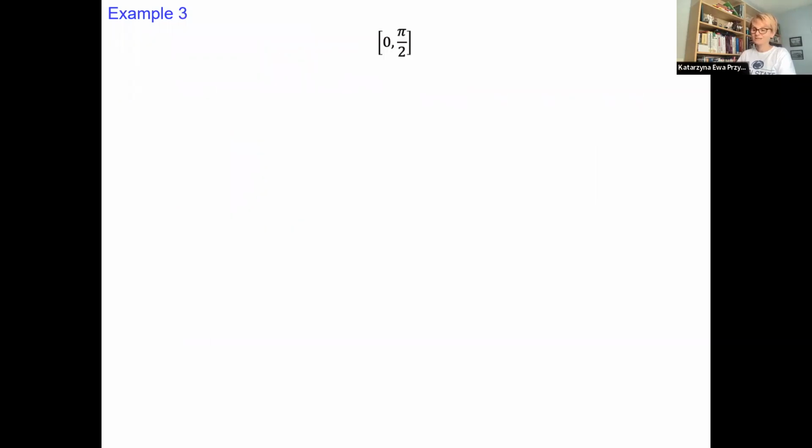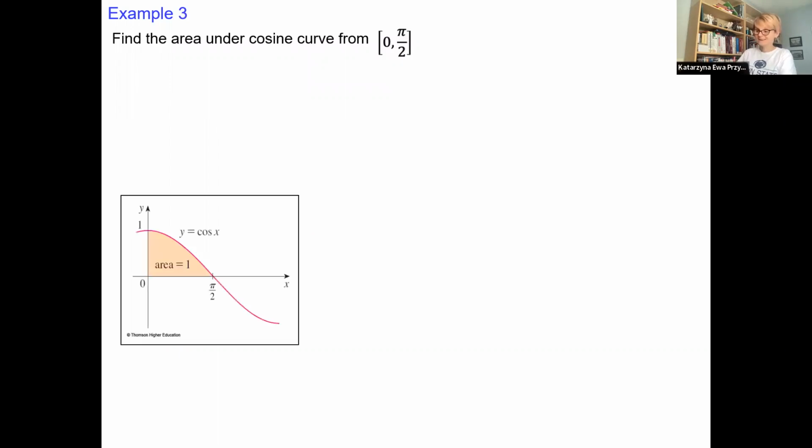Okay, let's see what else I have. Find the area under the cosine curve between 0 and pi/2. Before the graph, I was supposed to ask you if the cosine is positive, but we can see cosine is positive between 0 and pi/2.